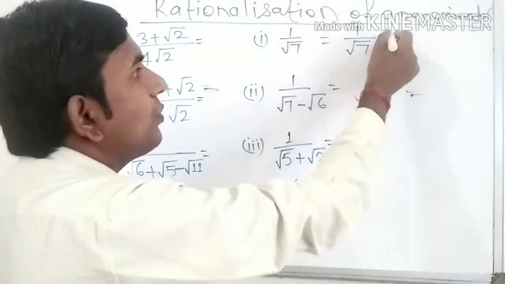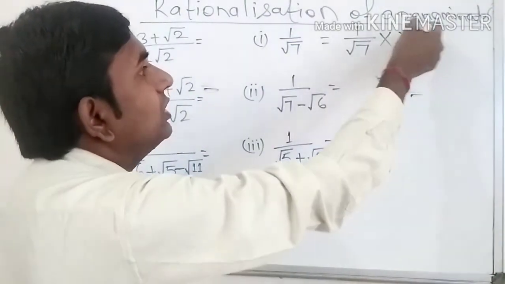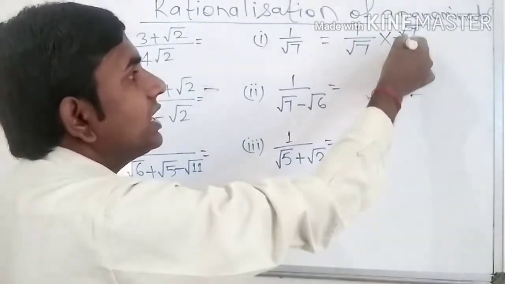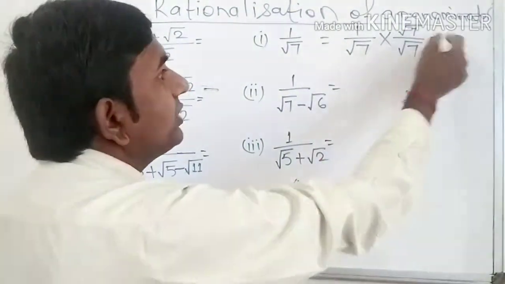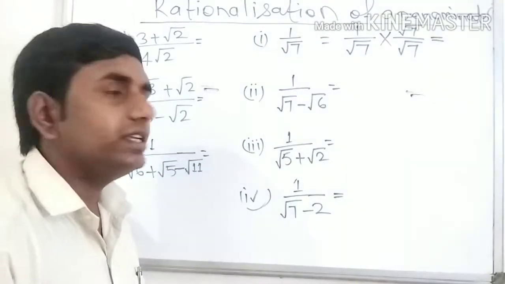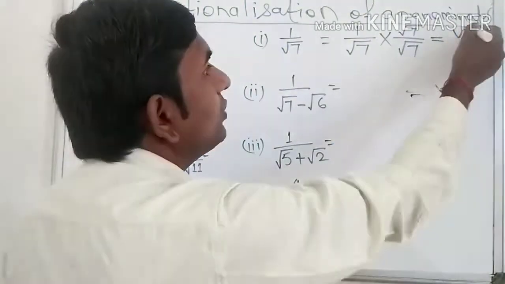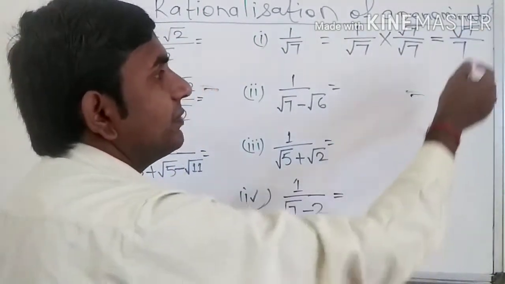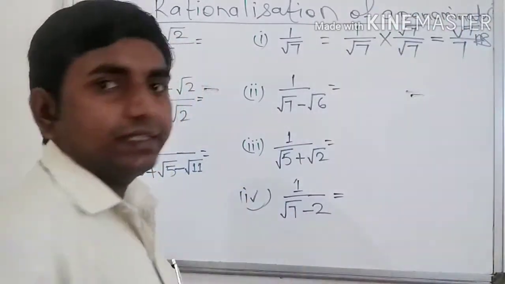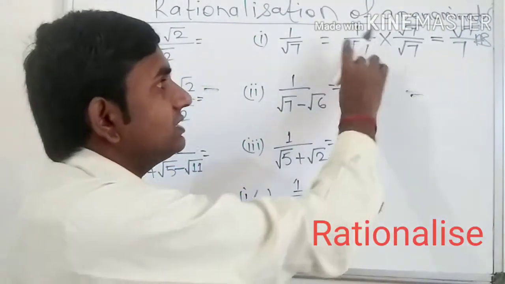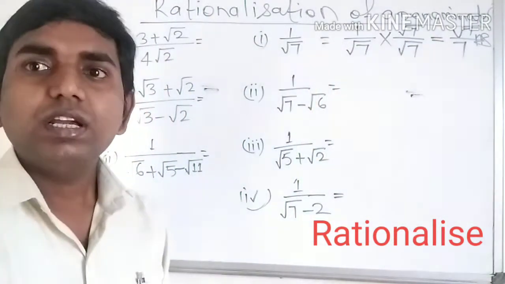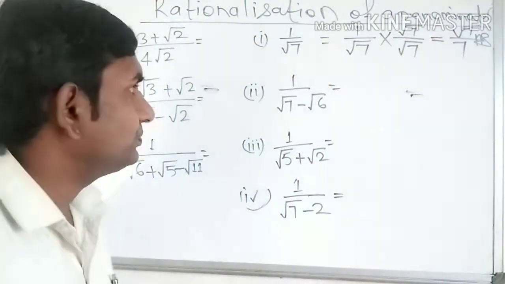For this we multiply the numerator by root 7 as well as the denominator by root 7. After multiplying, we have root 7 by 7. It's our answer. It's very simple. In this way we can rationalize any denominator of an irrational number.